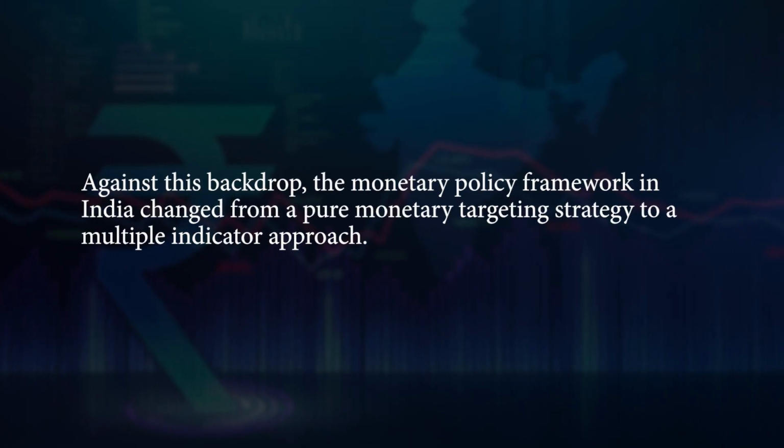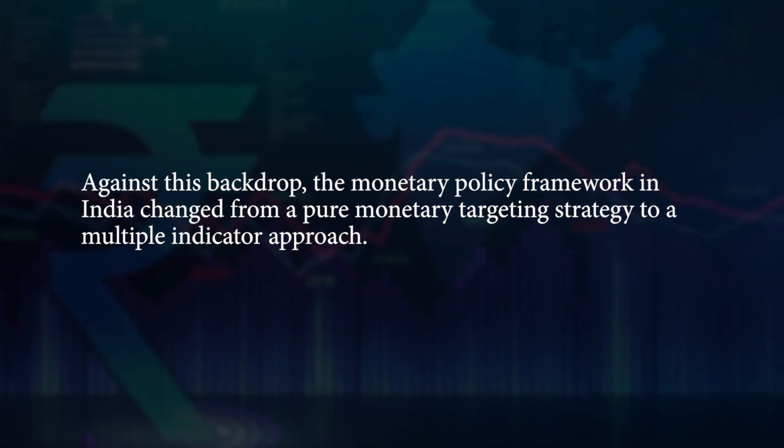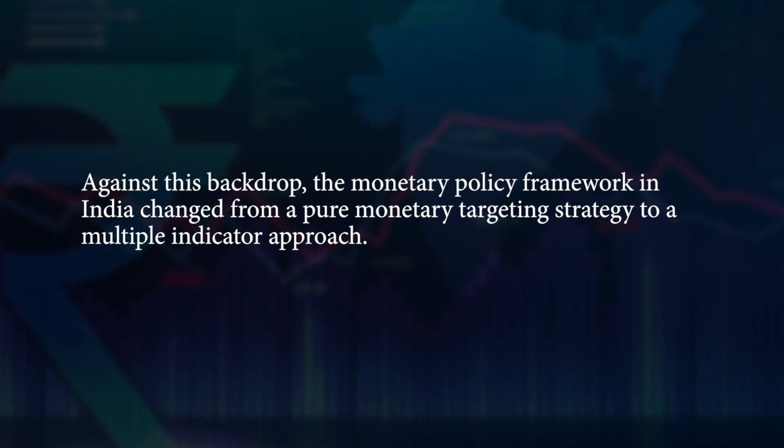Against this backdrop, the monetary policy framework in India changed from a pure monetary targeting strategy to a multiple indicator approach in April 1998, with a greater emphasis on rate channels for monetary policy formulation relative to quantity instruments.